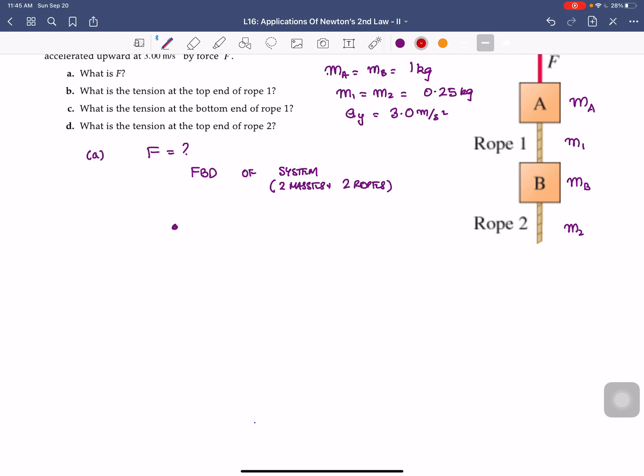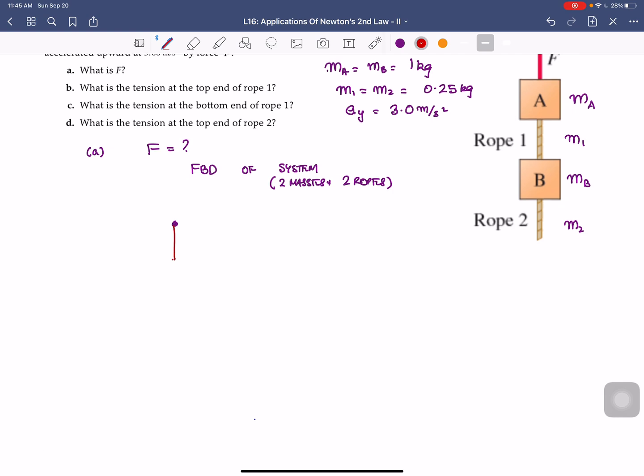The free body diagram, you're going to have the weight, which is the total weight, and the applied force F lifting the blocks and the ropes.